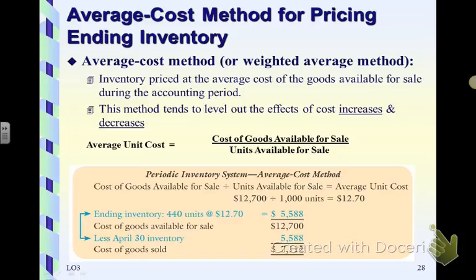Okay, how many units did we have total that were available for sale? 1,000, right? Okay, so if I had 1,000, I could do the flip side.